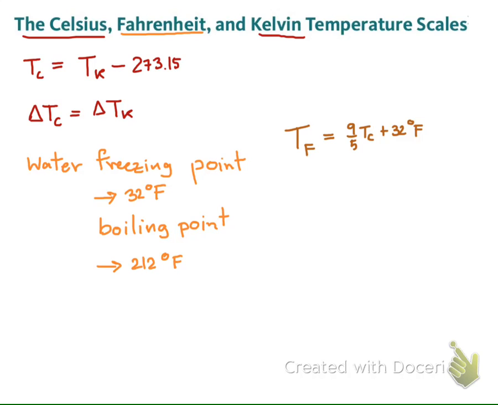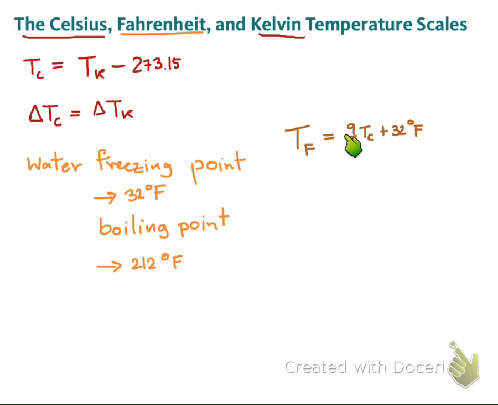From this expression, you can see that the term 32 Fahrenheit is the shift of the reference temperature at the freezing point of water, because at the freezing point of water the temperature in the Celsius scale is equal to 0, and if you put 0 here you get 32 degrees Fahrenheit.